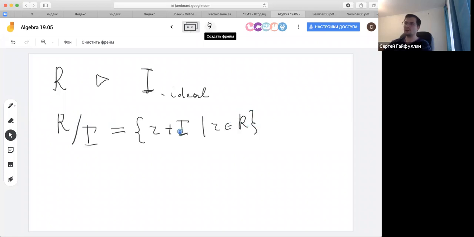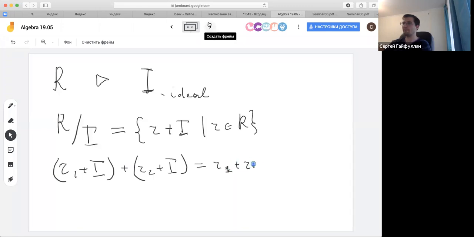So we need to say what the addition is. The sum of two classes is the class of the sum. And the multiplication is the same.